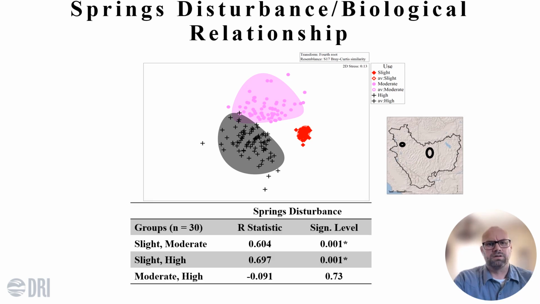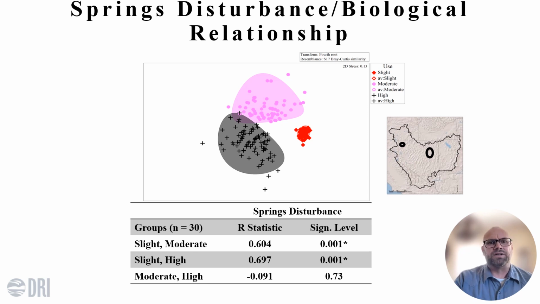And when we look at these relationships statistically, we see that there is a significant difference between slight and moderate and slight and high. However, when we look at the statistical difference between moderate and high, we don't have any significant difference, as shown with the pink and the gray areas overlapping.